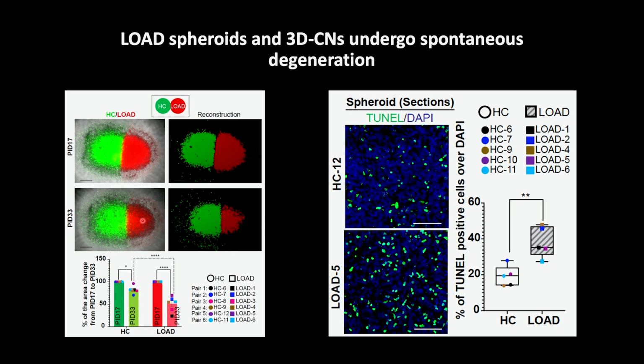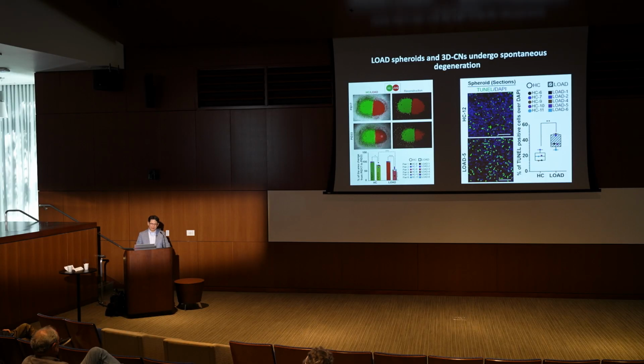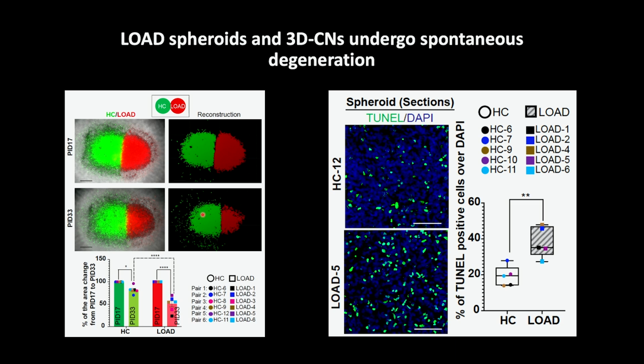We did this because we wanted to see whether there are any cell intrinsic properties that drive the onset of neurodegeneration. We are trying to understand this mechanism, but what we saw was that these late onset patient neurons undergo much more neuronal death compared to controls.